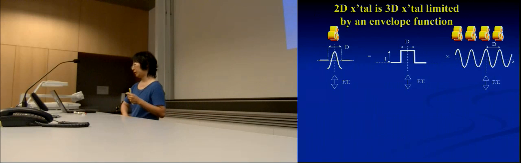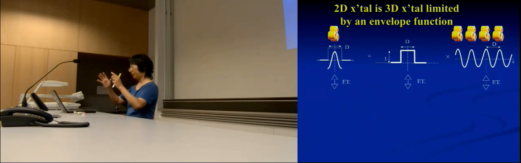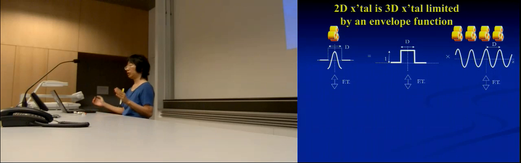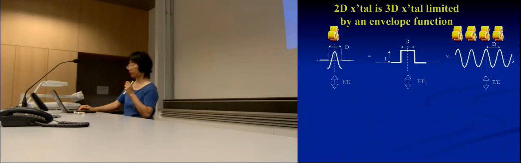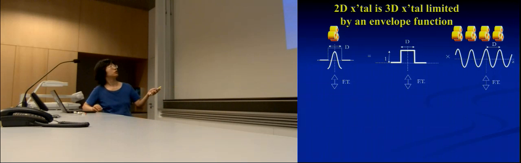So now, the values for the Rmin and Rmax determine your envelope function. I'm going to go into more detail of what it means. I just said at the very beginning that the envelope function is being used to limit your original periodic crystal, you may say.